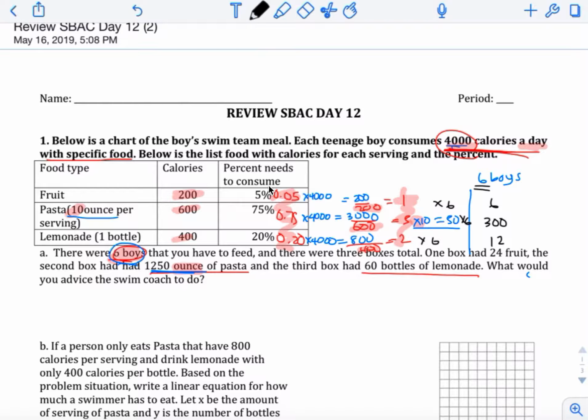You only need 6 fruit, and there are 24 fruits, so return 18 fruit because you only need 6 fruits, not 24.